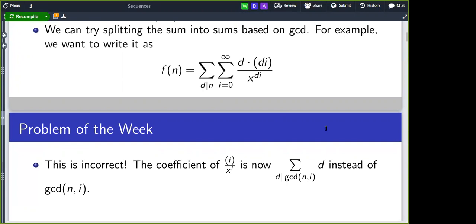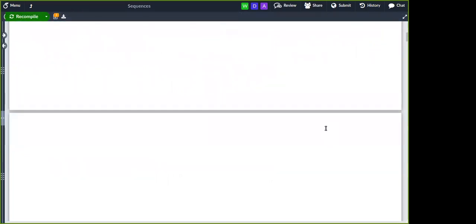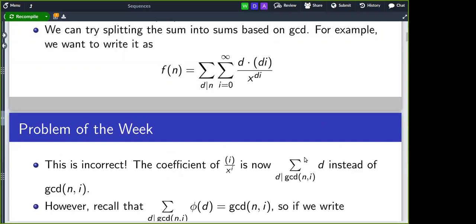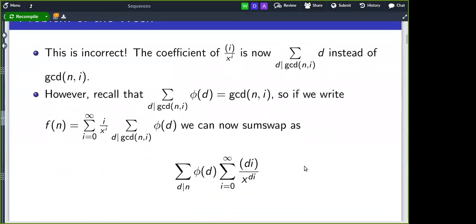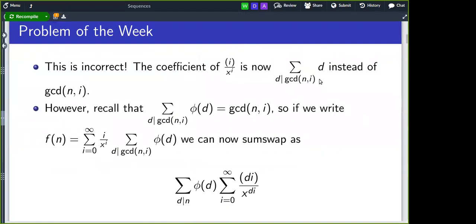So this may look a bit unmotivated, but if you did last week's homework, you should have seen that the sum of phi of d over d dividing n is going to be equal to n, and similarly the sum over d dividing the GCD of n and i of phi of d is the GCD of n and i.